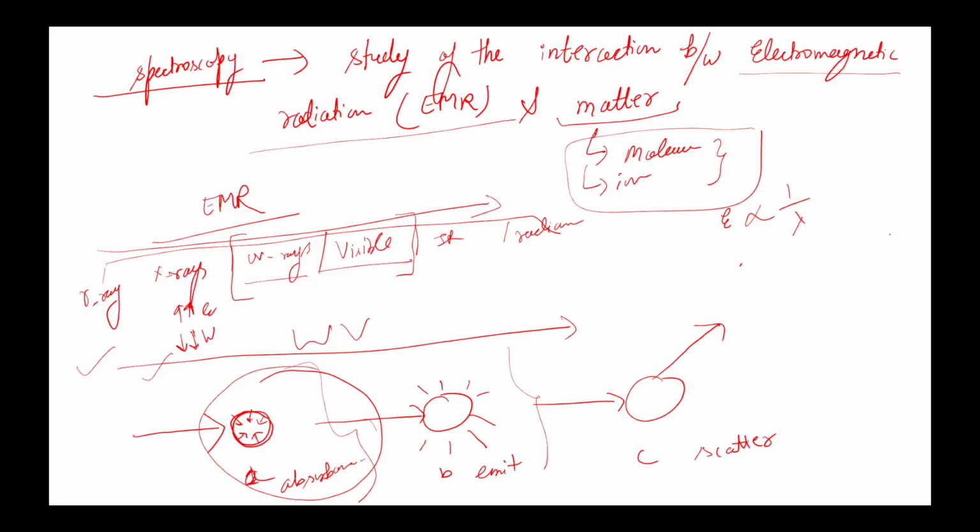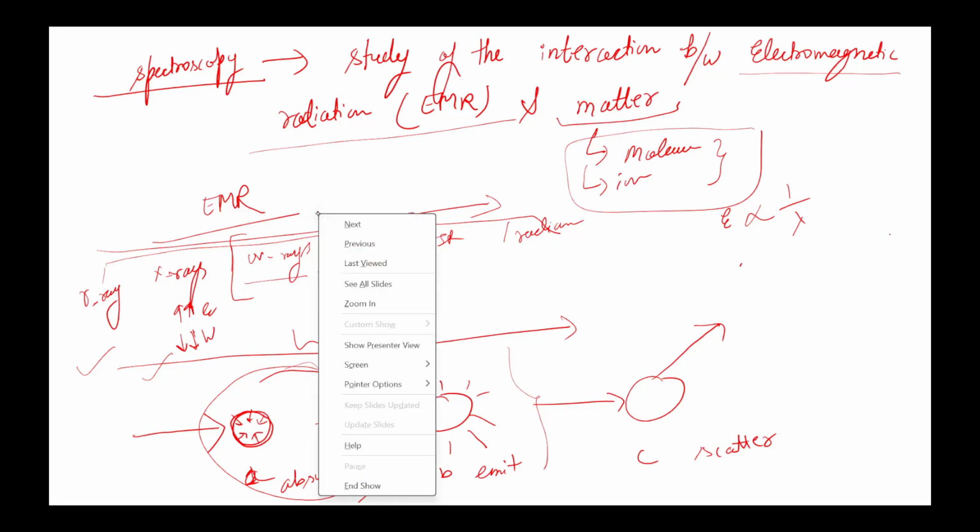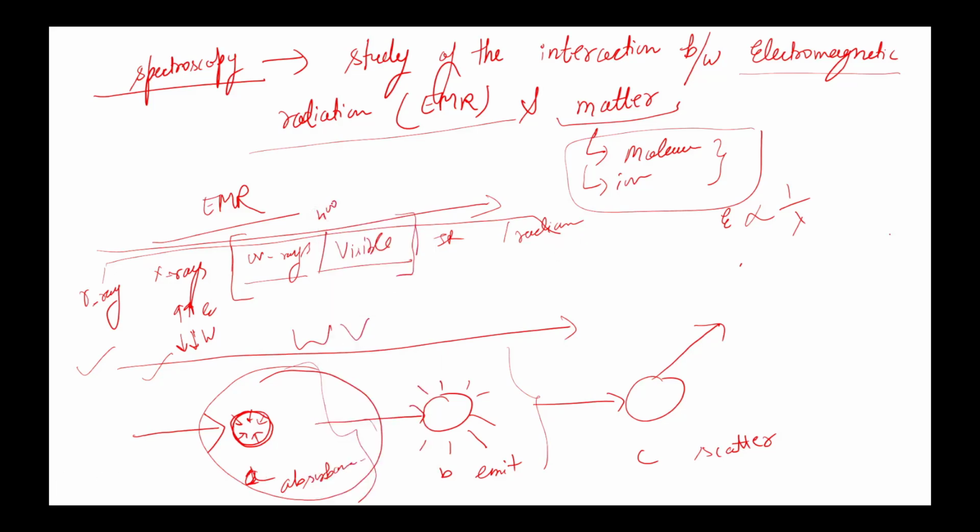The visible range starts from nearly 400 nanometers to 800 nanometers, and for the UV range we generally follow 200 nanometers to 400 nanometers. This entire range is called the UV visible range, and we use it for UV visible spectroscopy.